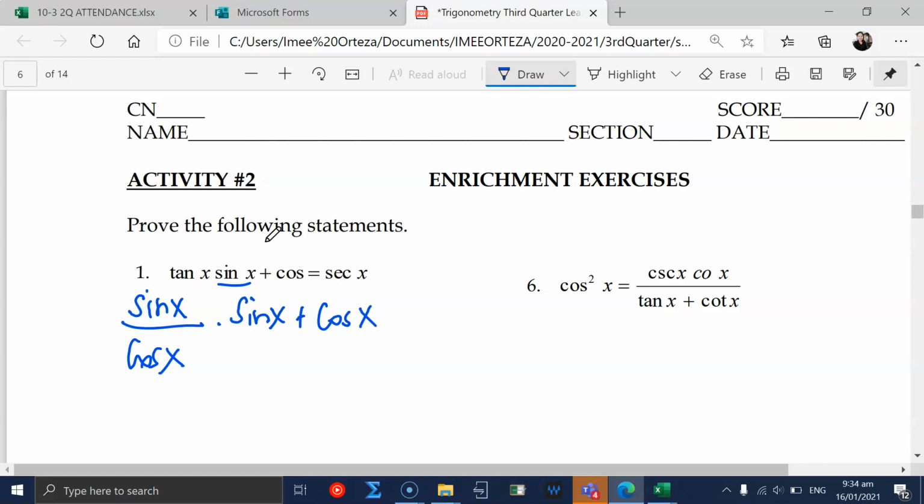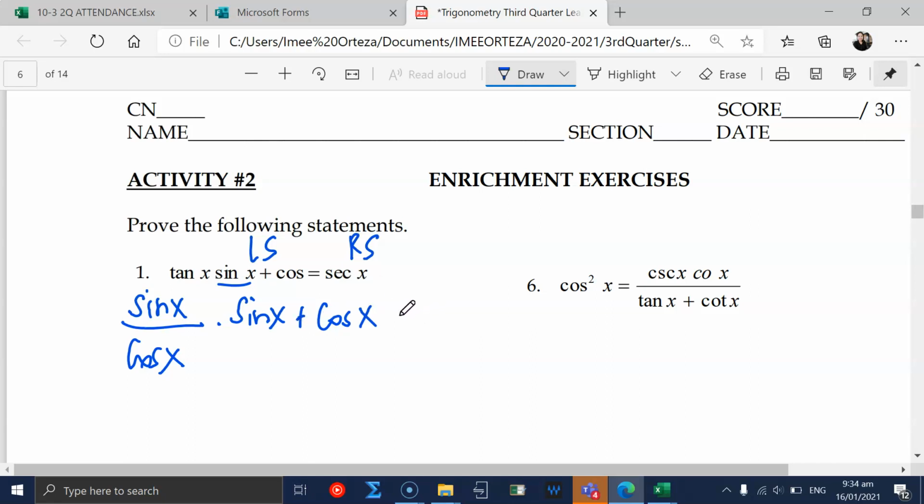We need to show that the left side is equal to the right side. So we work on the more complicated side. And another technique is that we turn everything to sine and cosine functions. Okay?